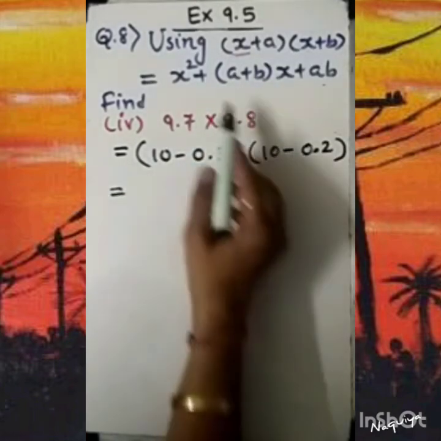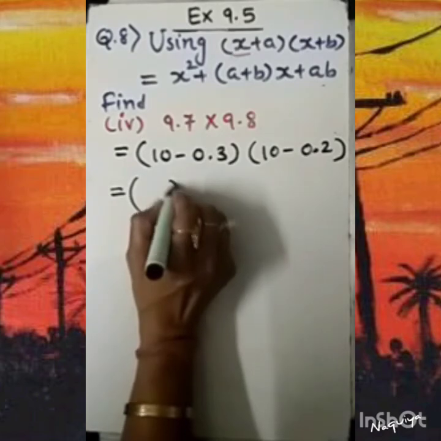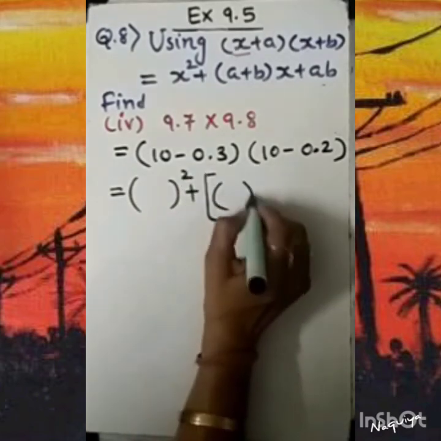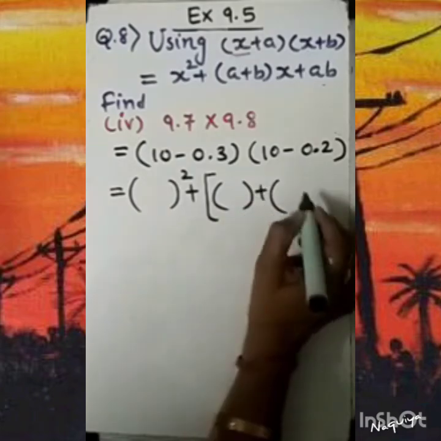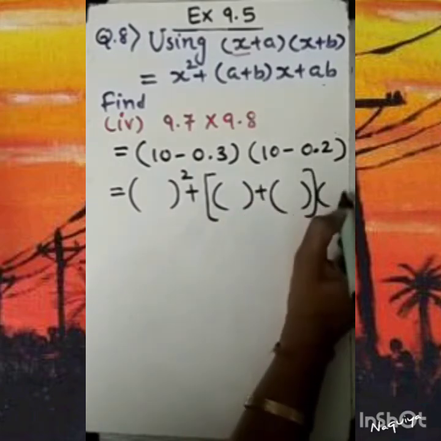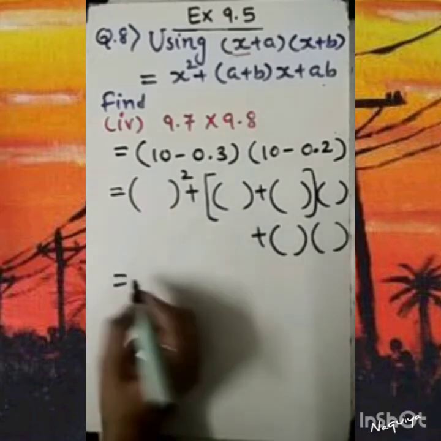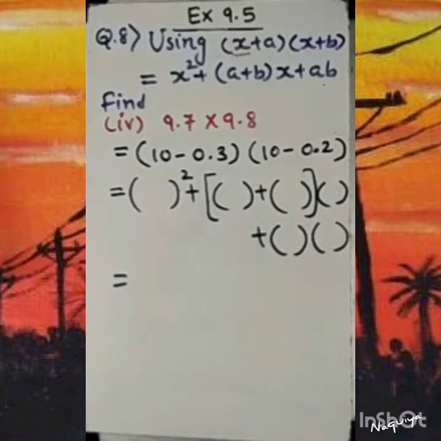If I apply the identity, then according to the identity, here I need to write x square plus a plus b bracket over is x plus a into b. Okay, leave the brackets empty and think about what we can fill in. Let's compare.